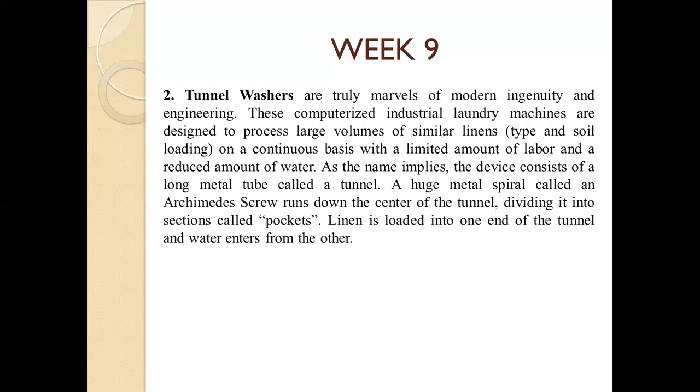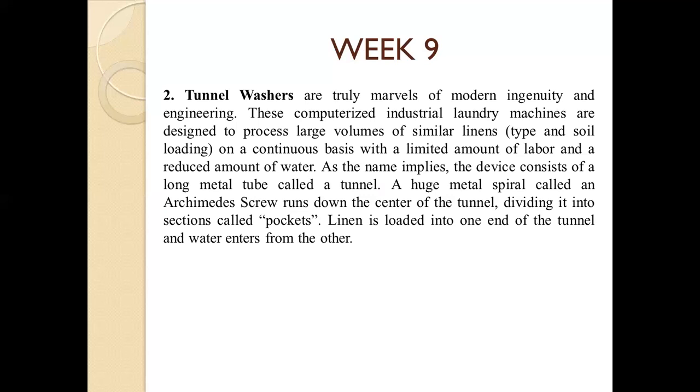As the name implies, the device consists of a long metal tube called a tunnel. A huge metal spiral called an Archimedes screw runs down the center of the tunnel, dividing it into two sections called pockets. Linen is loaded into one end of the tunnel and water enters from the other. The screw is made to be porous, and the tunnel is inclined to allow the water to move down the tunnel.